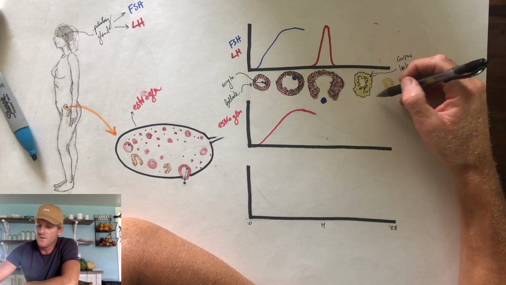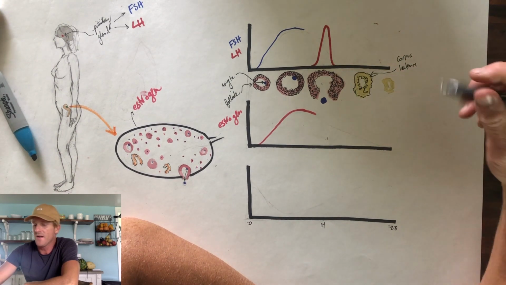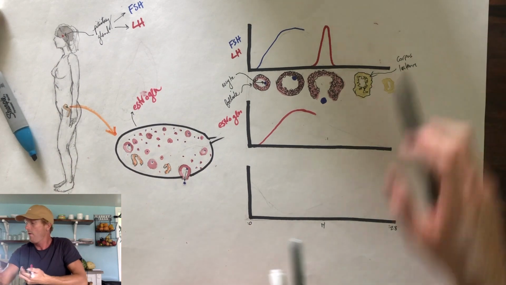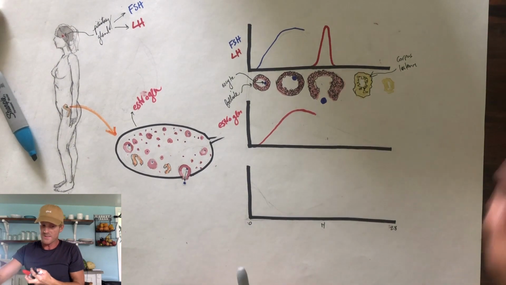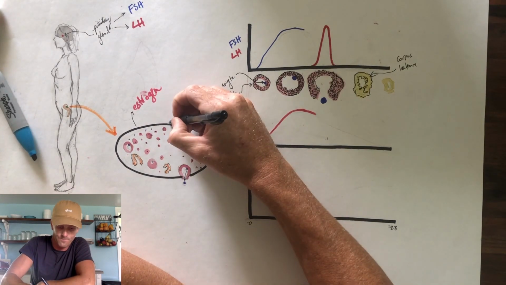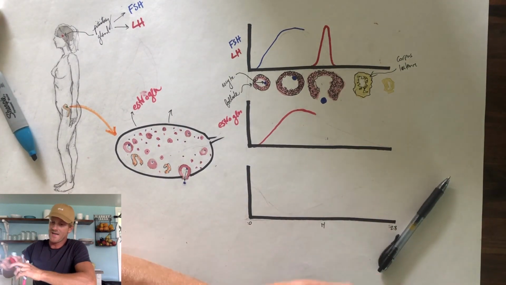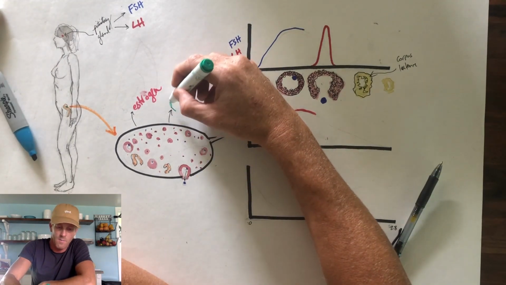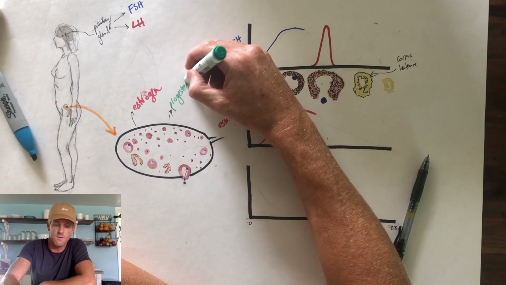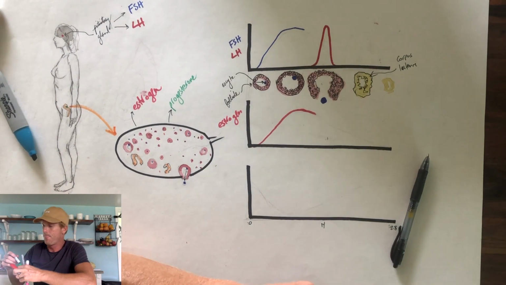Well, the corpus luteum is going to be responsible for secreting a completely different ovarian hormone. The hormone that this corpus luteum is going to secrete is called progesterone. So that's the second hormone secreted by the ovary, specifically by the yellow body.